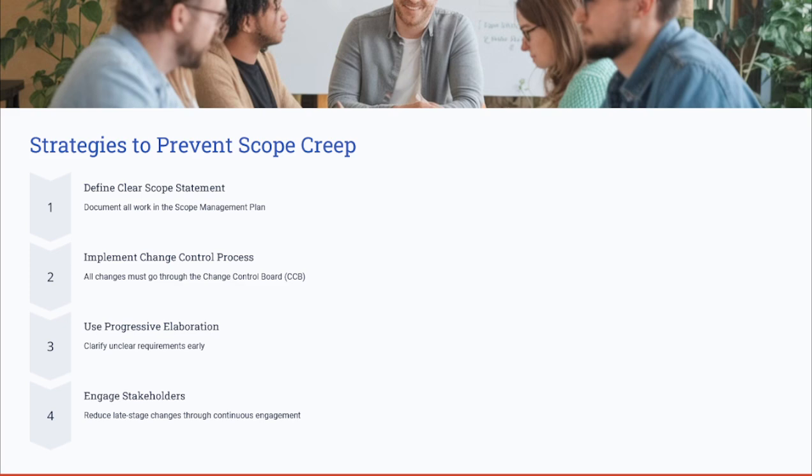which must go through the change control board. Remember that you and the team need to assess the impact of these changes, ensure that these changes are aligned with the project objectives, and then submit these changes to the CCB, or change control board. The third strategy here is to use progressive elaboration and rolling wave planning.